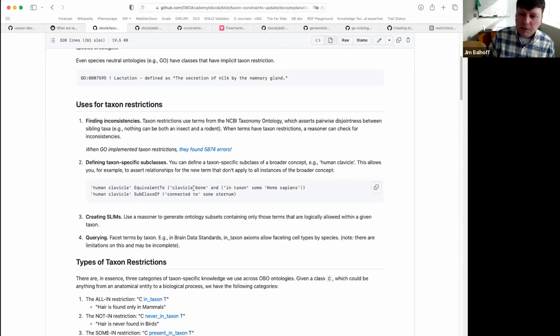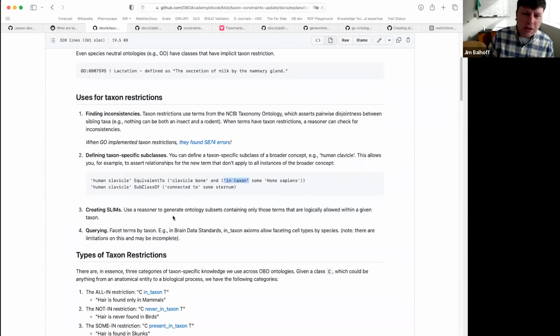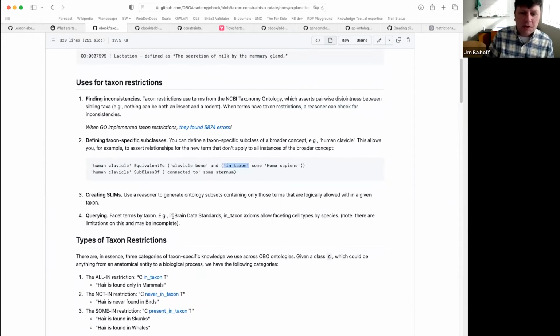Human clavicle is equivalent to a clavicle bone that's in taxon Homo sapiens. And so 'in taxon' is the core property that's driving the logic. We'll talk more about some of the other properties, but everything is based on this.